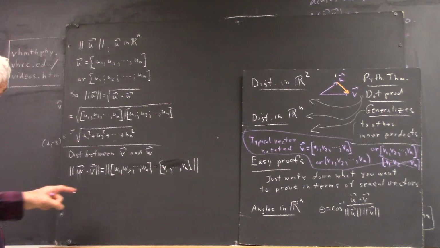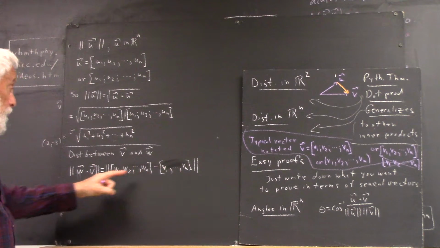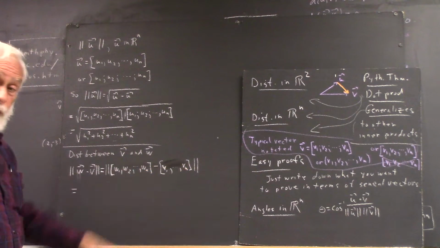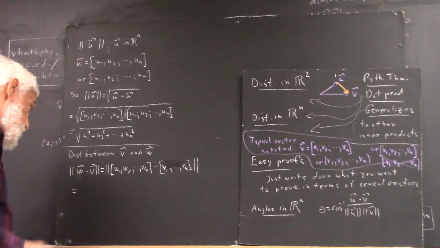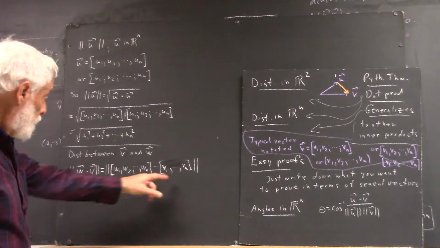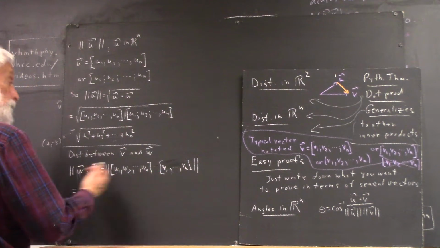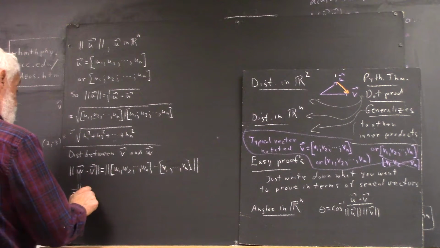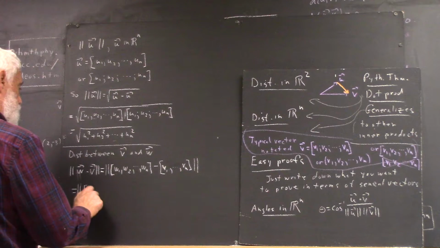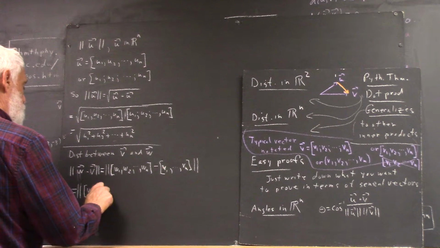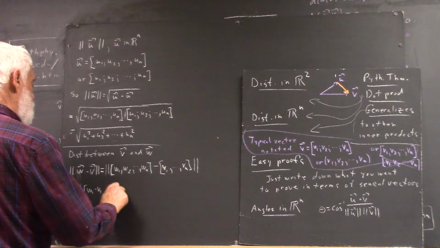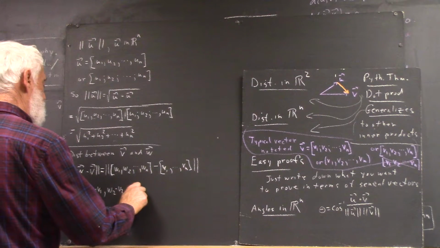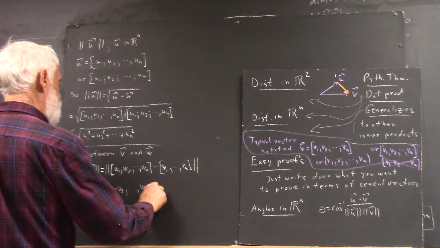So, we've written down the components of the W vector, the components of the V vector. Okay, how do you then write the difference of these? Write it out. Before I do, pause if necessary. Well, that's just going to be W1 minus V1, W2 minus V2, up to Wn minus Vn.